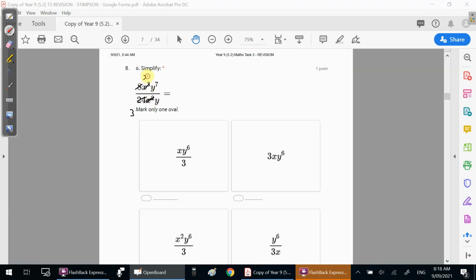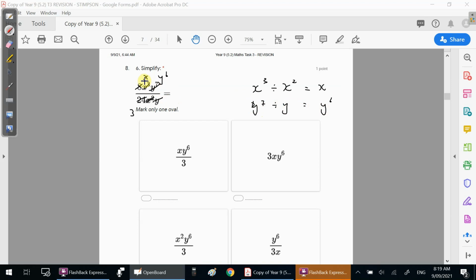This x cubed divided by x squared is just x. And then y to the 7 divided by y, that becomes y to the 6, since y to the 7 divided by y to the 1 is y to the 6.